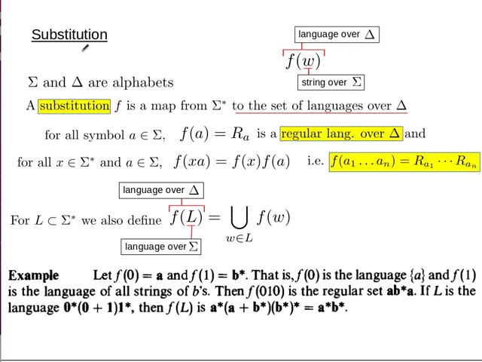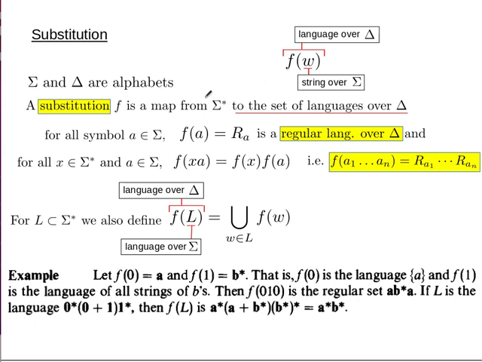Now, substitution is a map from, say, so you have two alphabets, okay. So it maps strings from this alphabet. Sigma star means you are talking about strings over sigma. So it maps strings over this sigma to some language over delta. See, the mapping is from a string to a language.